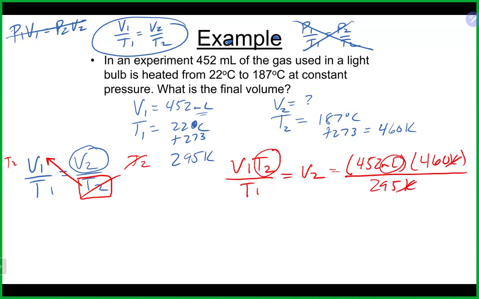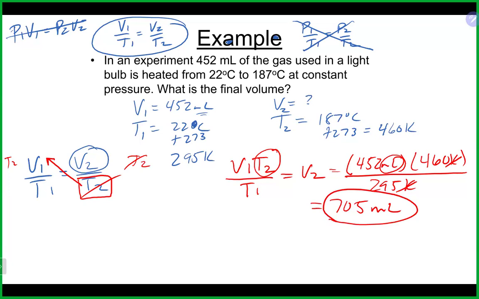That's going to leave us our volume in milliliters. So that's 452 times 460 divided by 295. That'll give us something like 705 milliliters as our volume.